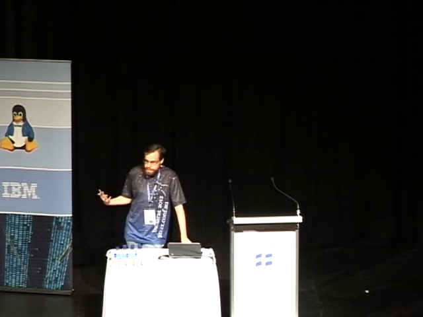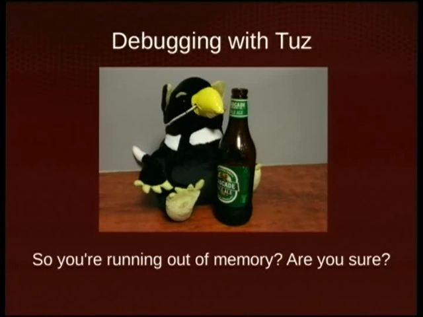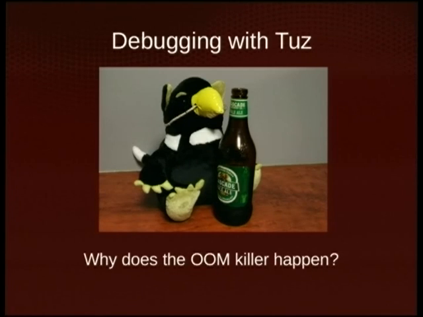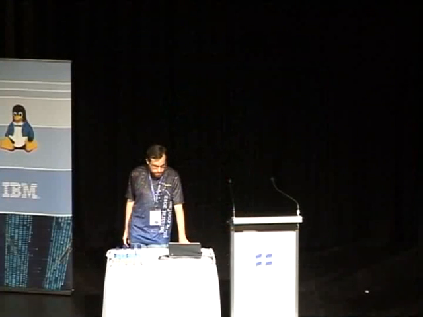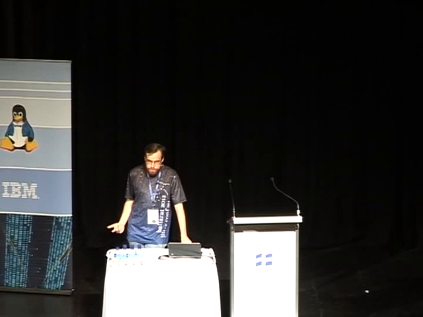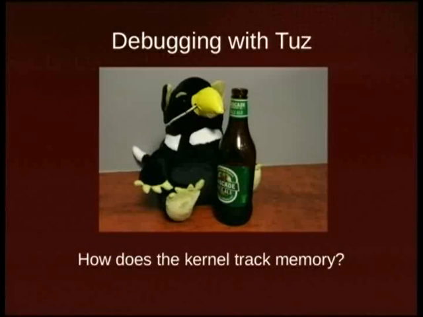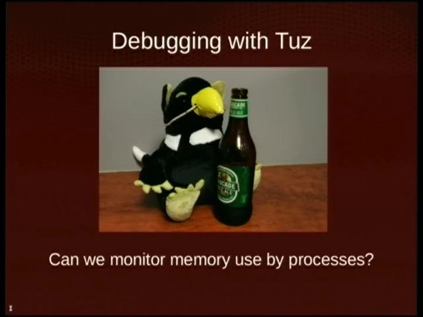So if you're running out of memory, how do you know that you're actually running out of memory? In this case, we know we're running out of memory because the killer is activated. The killer activates because the kernel doesn't think it's got enough memory. So how does the kernel track memory? It tracks memory according to what processes have allocated and what internal data structures it has.